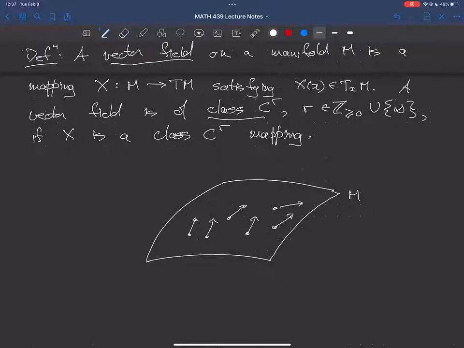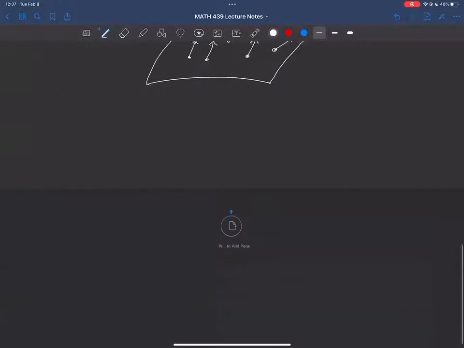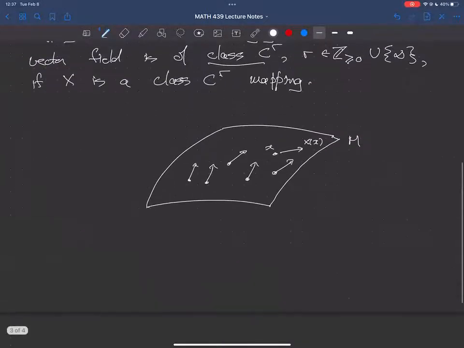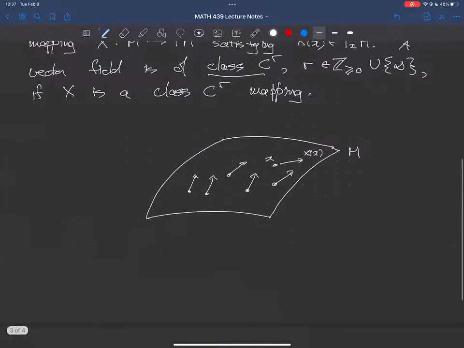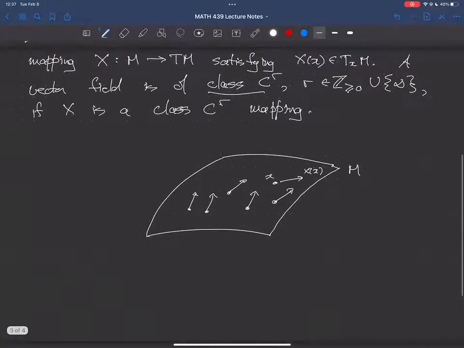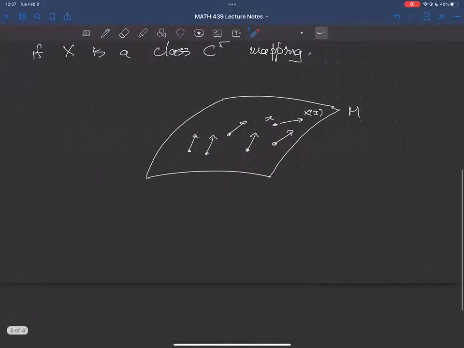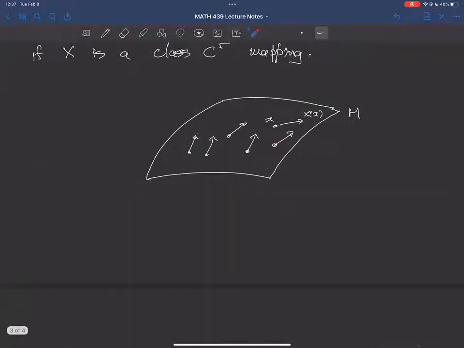If this is the point x, this is the tangent vector X at x. So that's how you can visualize a vector field, and being of class C^r just means how nicely these things fit together as you go from point to point. All right, we're going to be very concerned with how to represent vector fields.